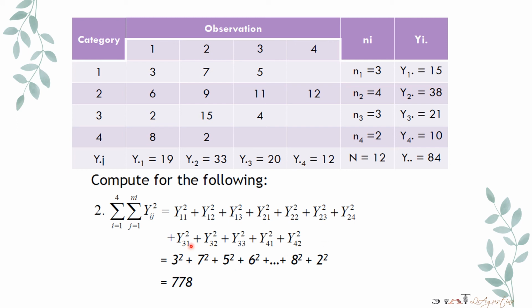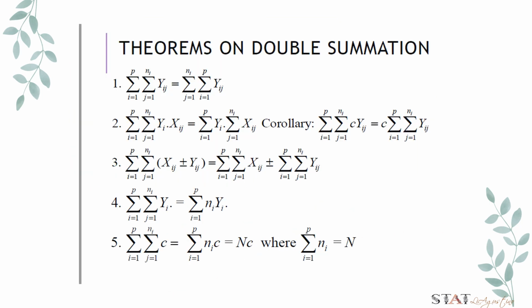So every observed value here: 3 squared plus 7 squared plus 5 squared plus 6 squared plus ellipses, that means until here, until 2 squared. If you calculate it manually, computer aided, or using your calculator, you will get the value of 778. If you get it, then that's great.